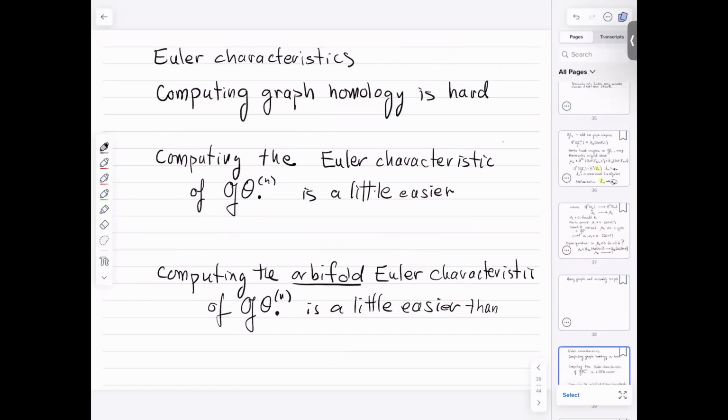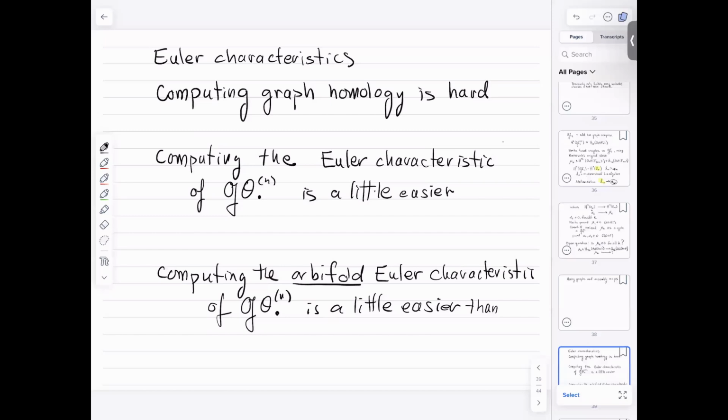So computing homology is hard, and finding homology classes is hard. So the next thing we do when we can't compute homology is look at Euler characteristics. Computing the Euler characteristic is a little bit easier, and computing the orbifold Euler characteristic is even easier.